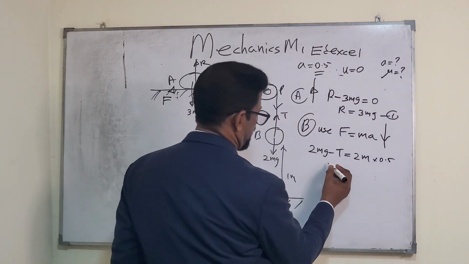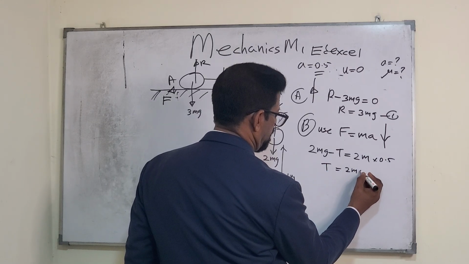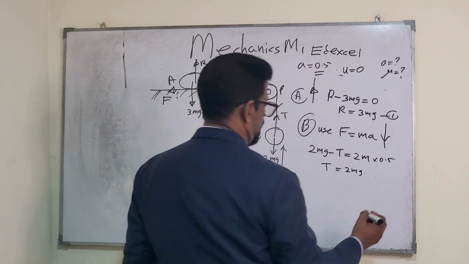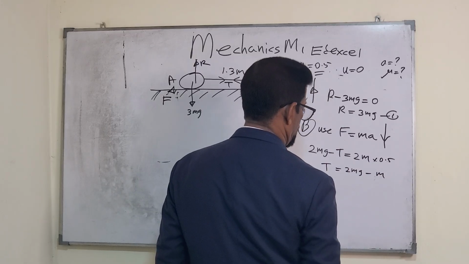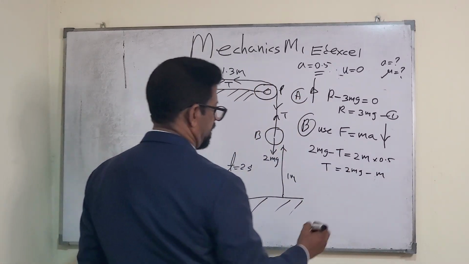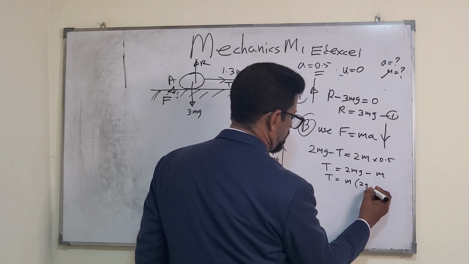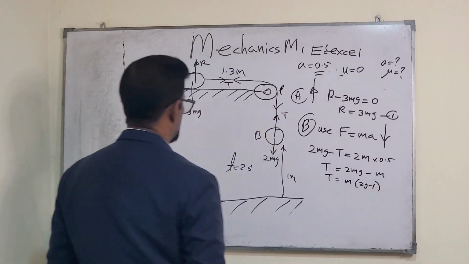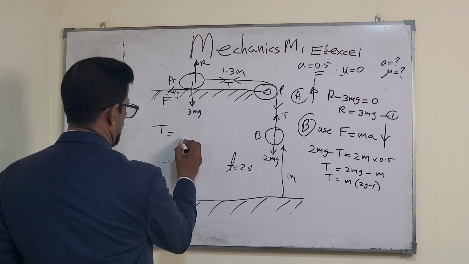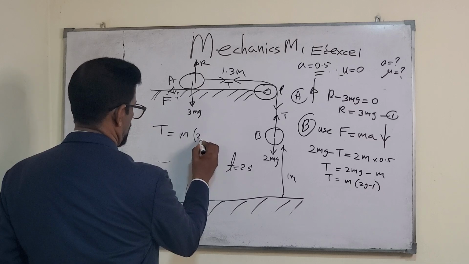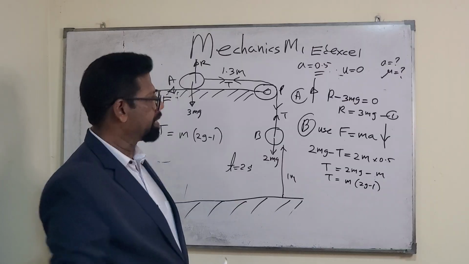Now simplifying, T comes to 2mg minus m. Then take m outside: m times (2g minus 1). So the tension is m(2g minus 1).